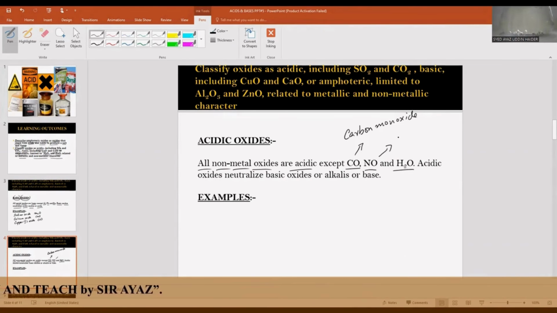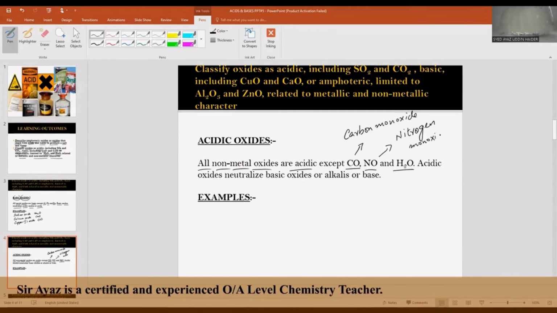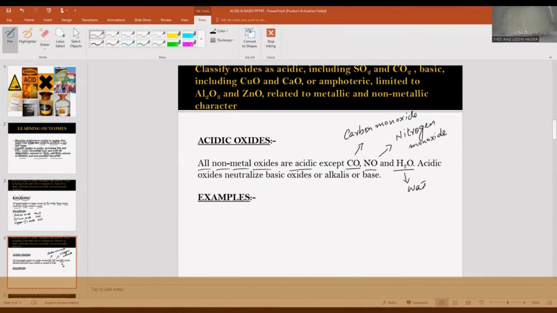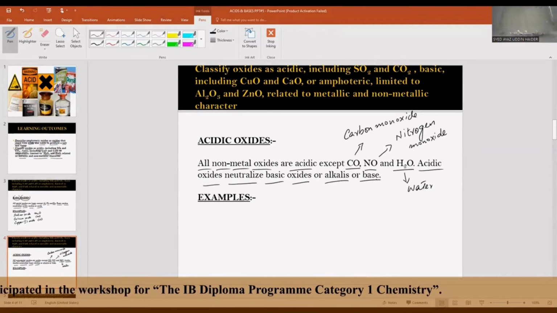NO is nitrogen monoxide. And you know H2O is water. Acidic oxides neutralize basic oxides or alkalis or base.